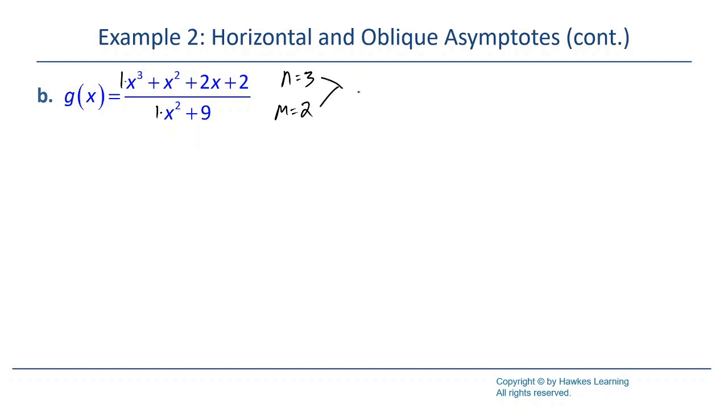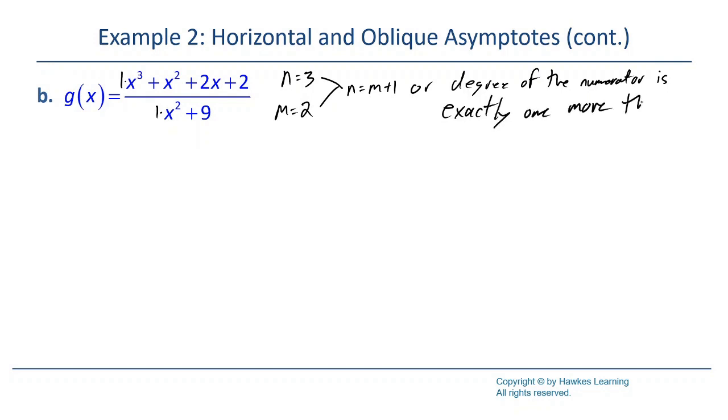So now you can either write it as n is equal to m plus 1, or I prefer to say, and you don't have to write all this out, the degree of the numerator is exactly 1 more than the degree of the denominator.